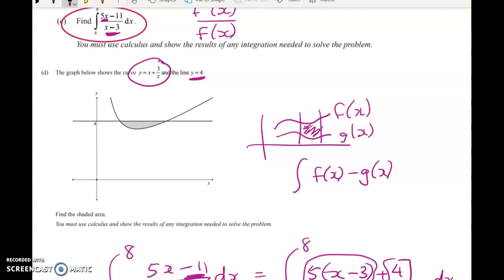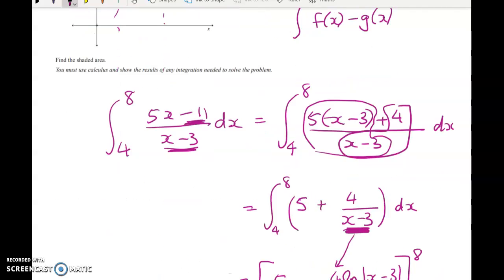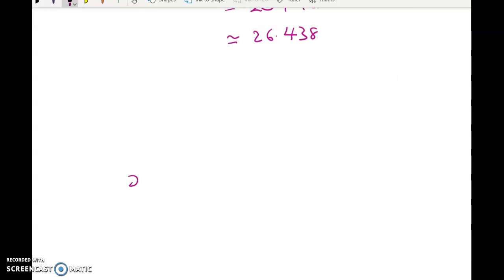Okay, so the first thing we have to do in this case is figure out what these x limits will be. So we need to equate the two functions. So that gives me x plus 3 over x is equal to 4, which is a quadratic. We get x squared plus 3, multiplying everything through by x, equals 4x. Happily, it's a really easy to factorize quadratic.